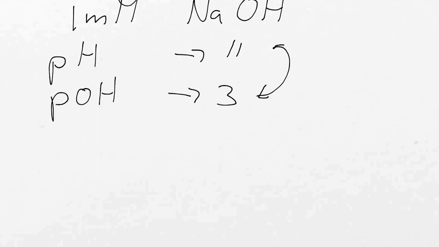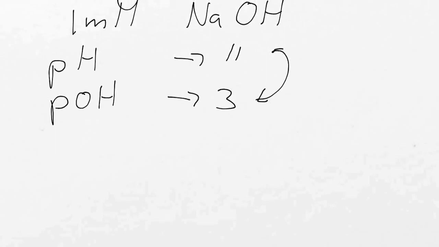So pH is 3 and pOH is 11. Who is right? You are? Okay, good. I like your self-confidence. So hands up, who got pH 11? Hands up. Who got pH 3? Hands up. It's interesting. It's not a 50-50 split. Let's have a look.